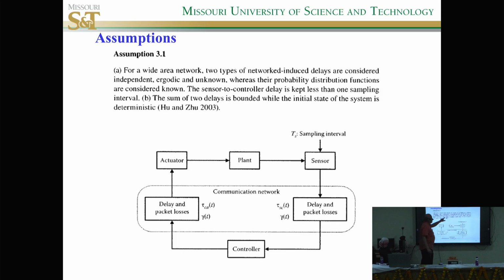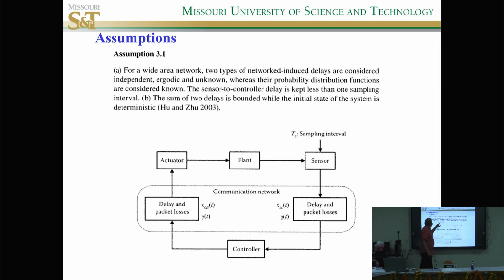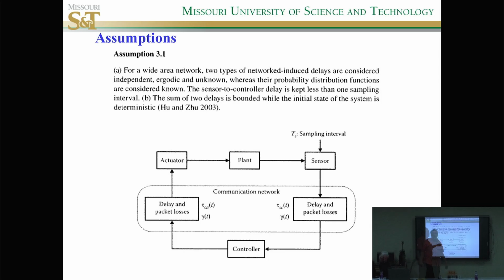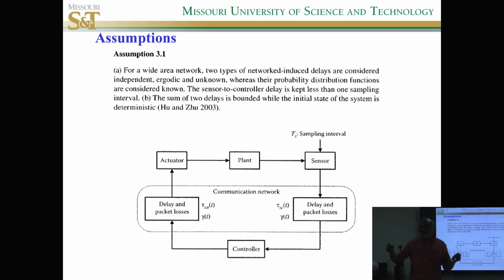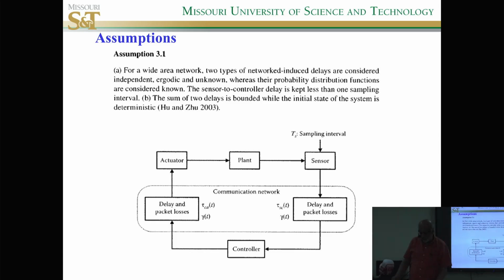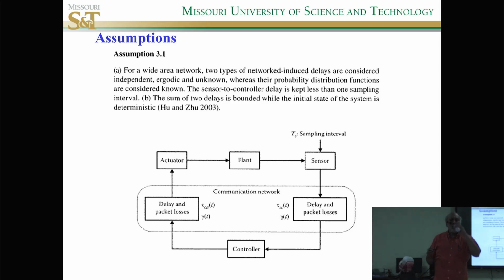The sum of the two delays is bounded while the initial state of the system is deterministic. This is a very standard assumption. Now, remember, if the delay is more than a sampling interval, what does it mean? So what does that mean?